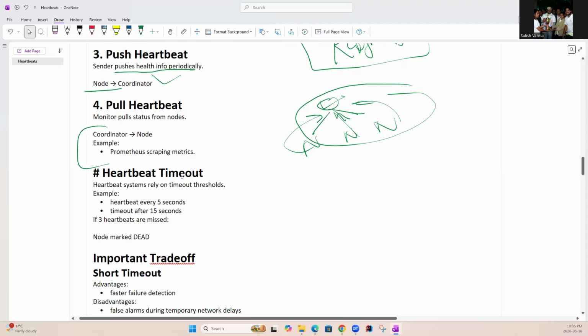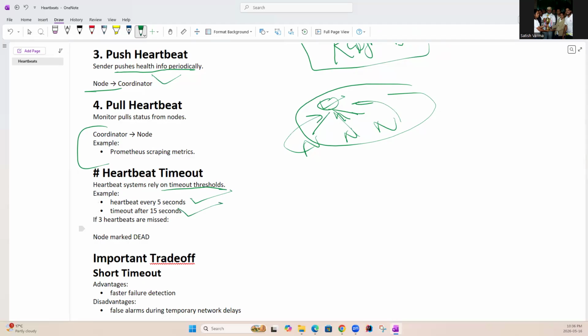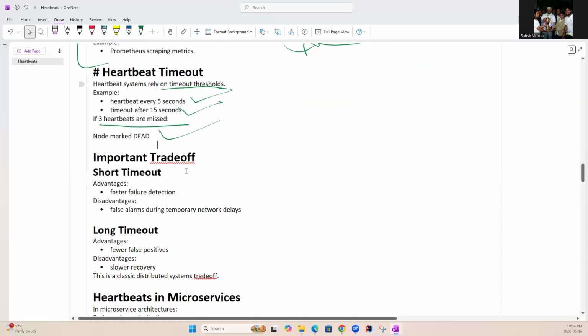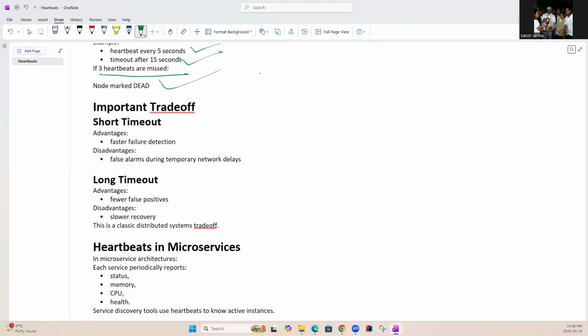Now, heartbeat timeout. Heartbeat systems rely on a timeout threshold. For example, heartbeat every 5 seconds, timeout 15 seconds. If three heartbeats are missed, the node is dead. Now, an important trade-off.